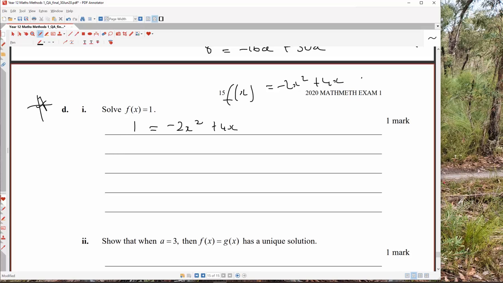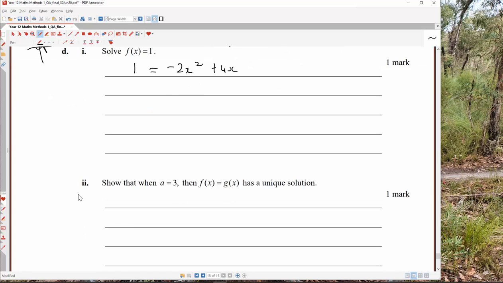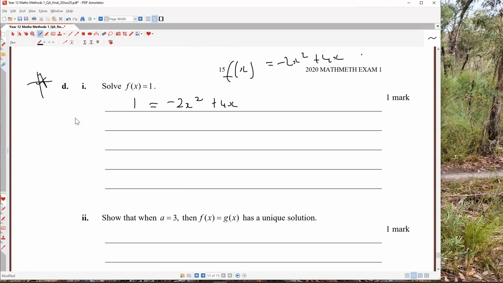Whenever I have to do this, note that it's part 1, part 2, part 3, and this will come into play somewhere else, because why else would they get us to do f of x equals 1? So I'm suspicious about their intentions for this. Anyway, let's go 0 equals negative 2x squared plus 4x take 1, so 0 equals 2x squared take 4x plus 1.